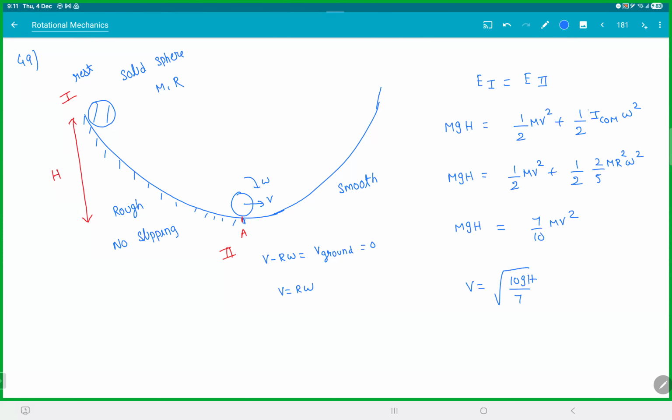Right, Arya? Is the first part clear, Arya? The second part of the equation. Now, after crossing A, when it tries to go up, then what happens?